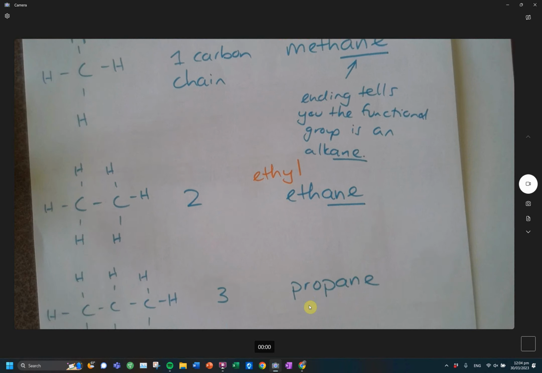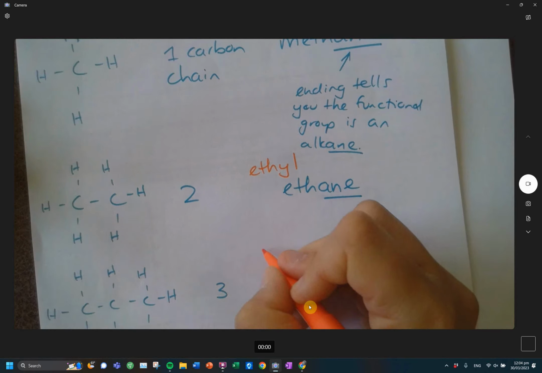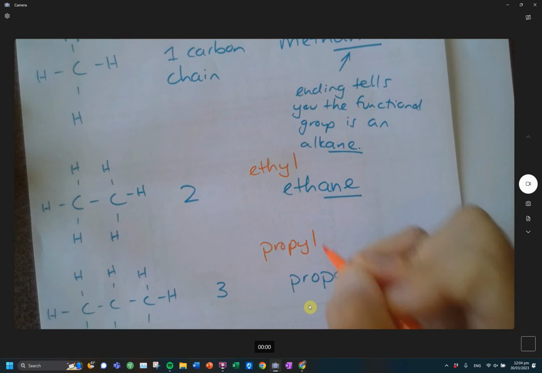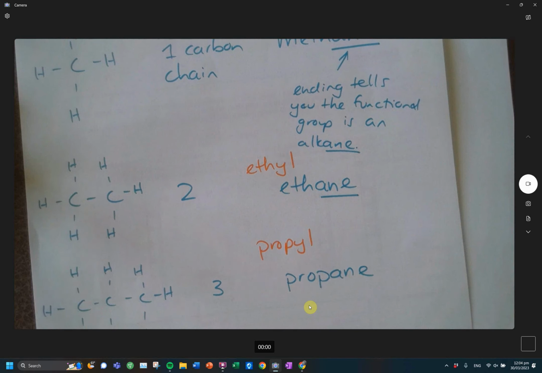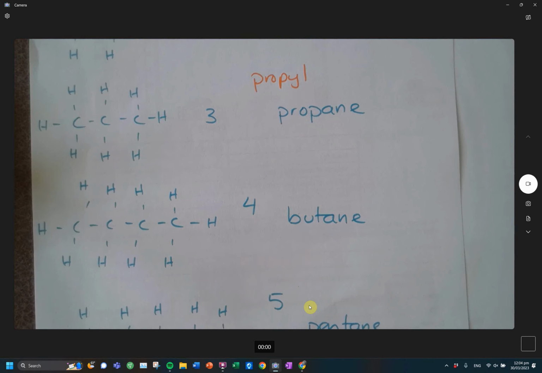If I have a side chain with 3 carbons, we'll call that propyl. So we just remove the A-N-E and we add a YL. It's very unlikely you're going to get side chains longer than that, because usually once they're longer than that, that's actually part of the main chain. So do keep that in mind.